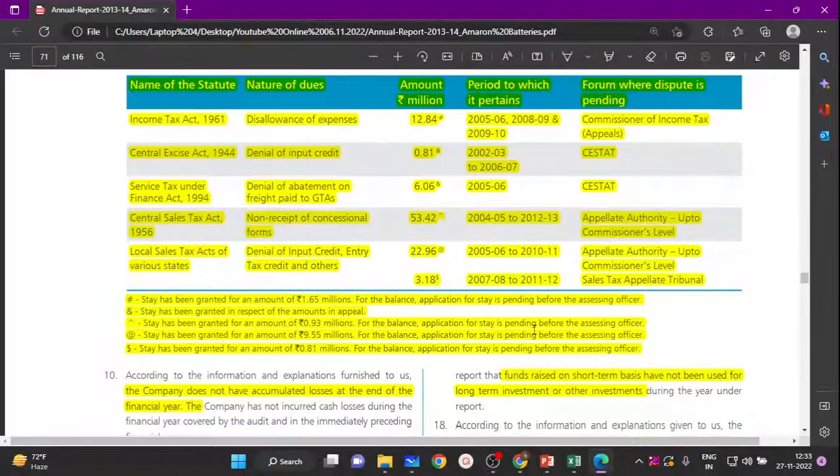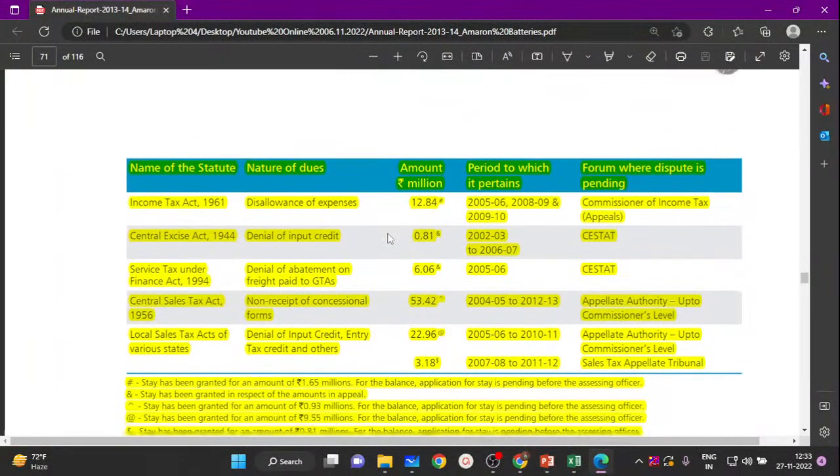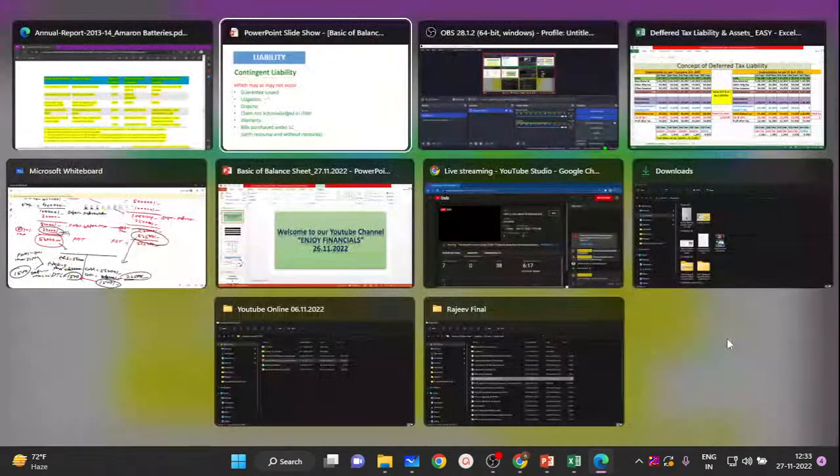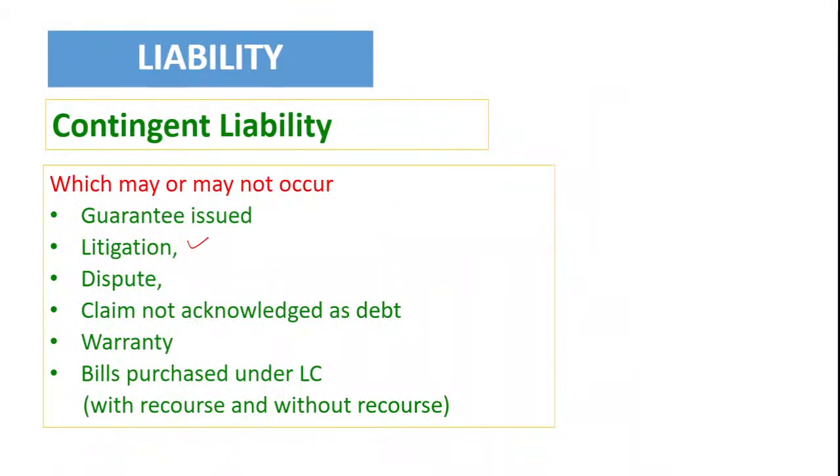It is reflected in the balance sheet of this company under the auditor's report or notes to accounts. So from where will you find all these, friends? Almost 10 crore rupees of disputed amount is there, which is shown by the auditors in the auditor's report. So friends, now the contingent liability, litigation.